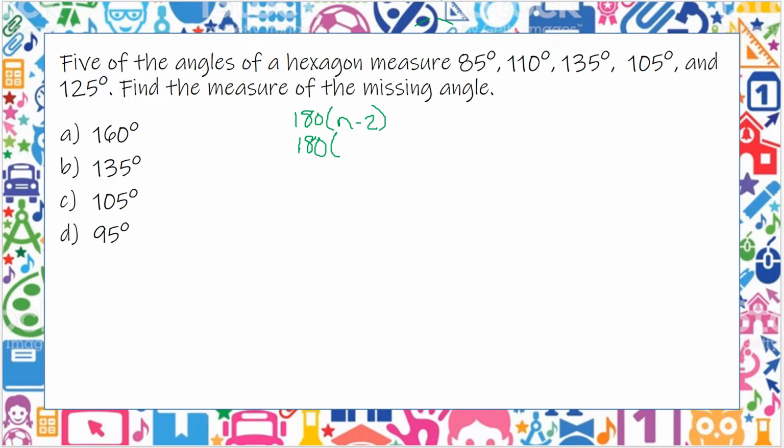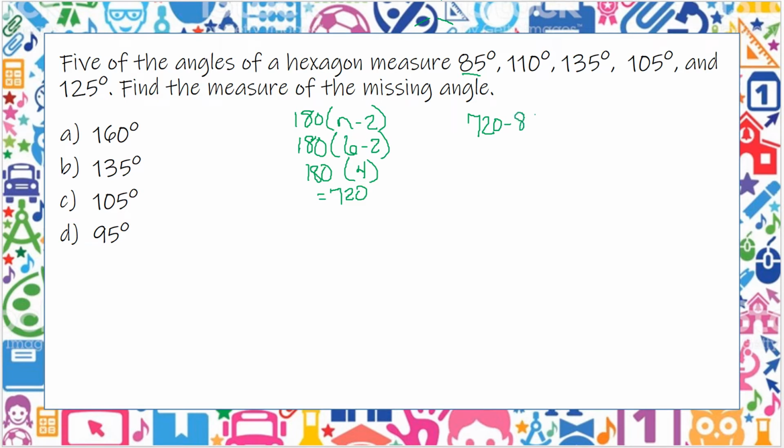It has 6 sides. 6 minus 2 gives us 4. And 180 times 4 gives us 720. So I'm going to take this 720 and I'm going to subtract each of these angles up here.